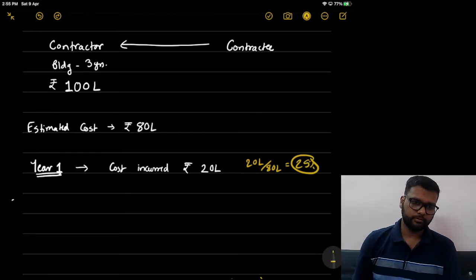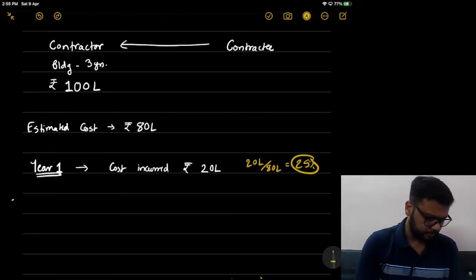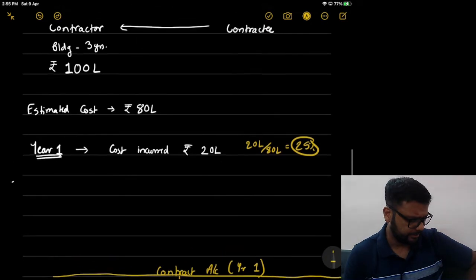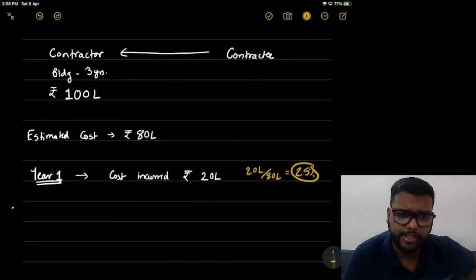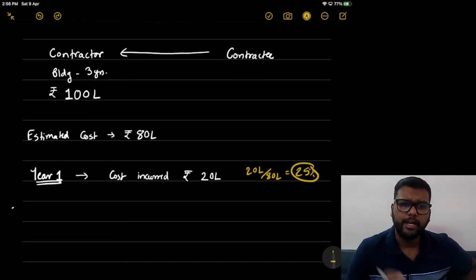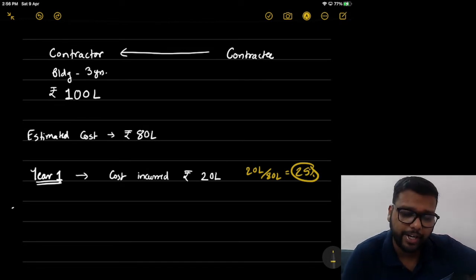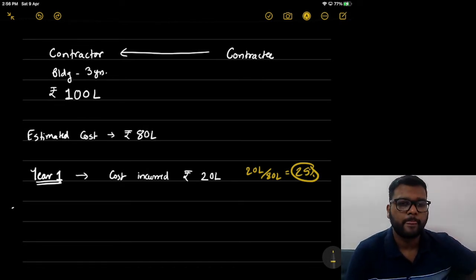Okay. So let's say the contractee's person came to our site and he certified the work. As per his certificate, only 20% was complete.